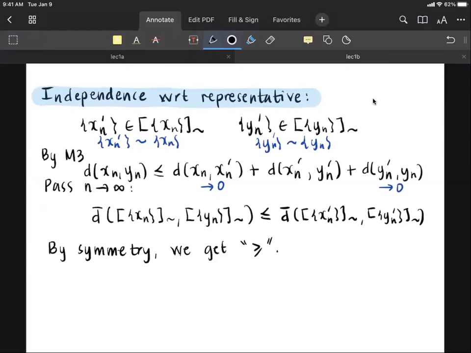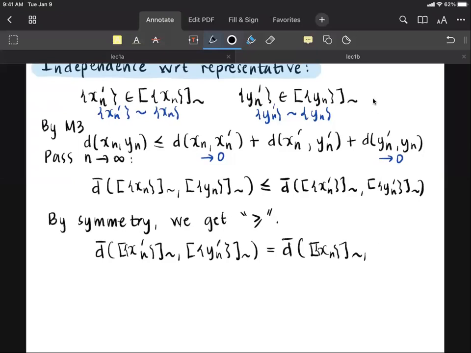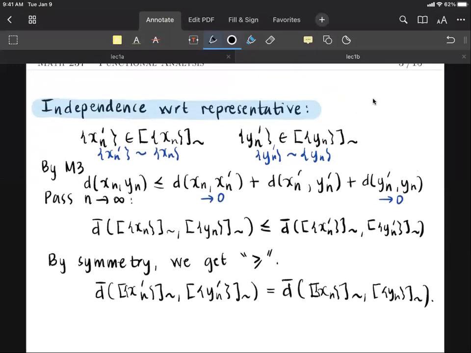The details are left to you to check. Therefore, if I choose a different representative of the equivalence classes, I get the same value of the metric d bar. In other words, the definition of d bar does not depend on the chosen representative for the equivalence class.